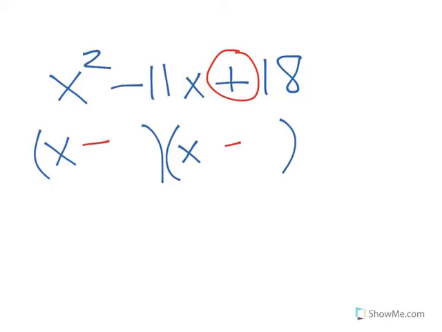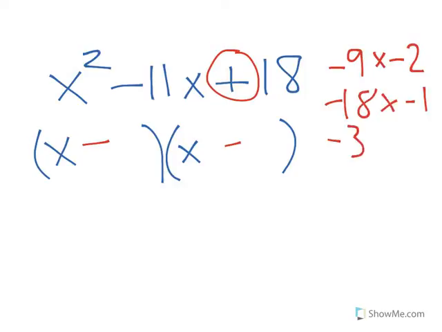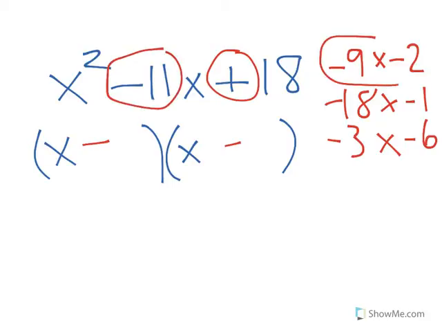How can I make +18 in a multiplication problem? -2 times -9, -18 times -1, -3 times -6. I believe those are the only three ways of doing it. So which way, when you add them together, do you end up with -11? Yeah, right there. It's going to be 9 and 2.